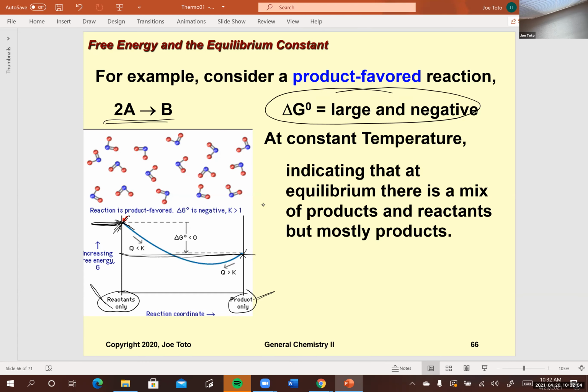But notice the equilibrium is a mixture somewhere in the middle of the pures. Well, actually not in the middle, but it's going to be leaning more towards the products in this case because the delta G is large.